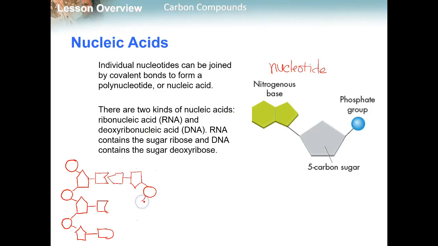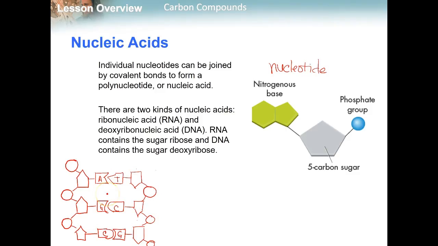So a phosphate, we're going to have our sugar, and then the other base, and then a phosphate, the sugar, and then the other base, and then another phosphate. Okay? This is a double strand, and this would make up DNA. If this was adenine, then this is thymine. If this was guanine, then this is cytosine, cytosine, and guanine.